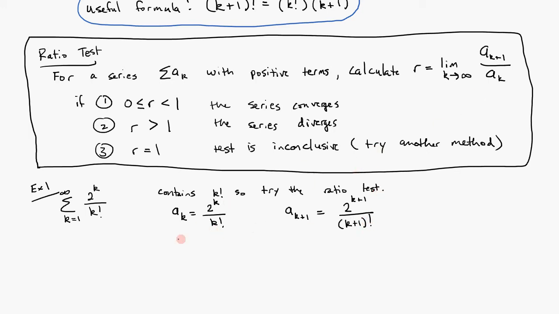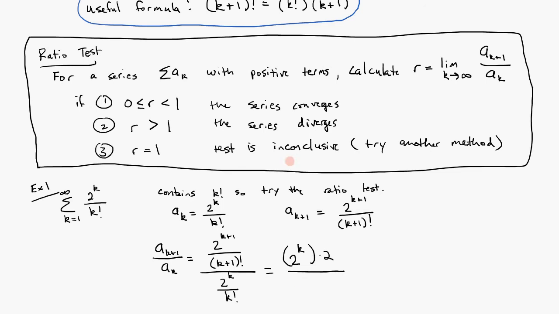Okay, so now let's write out the ratio. Before computing the limit, we're going to write out the ratio and then try to simplify it. So a k plus 1 over a k is 2 to the k plus 1 over k plus 1 factorial, over 2 to the k over k factorial. Let's rewrite this fraction. Using the formula, the top fraction I can write as 2 to the k times 2.